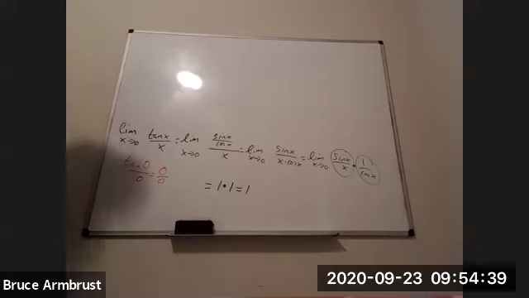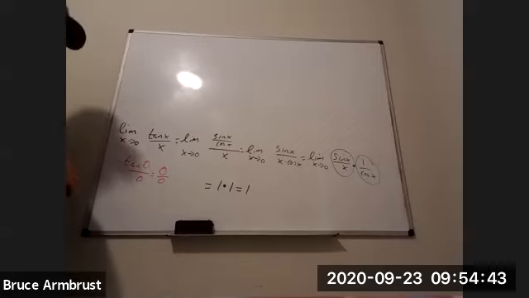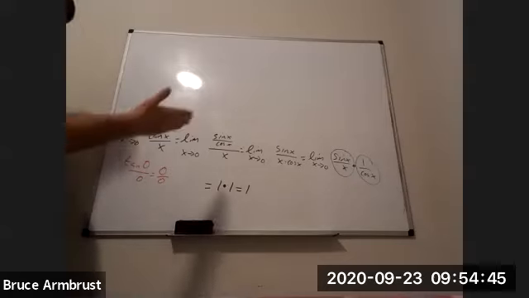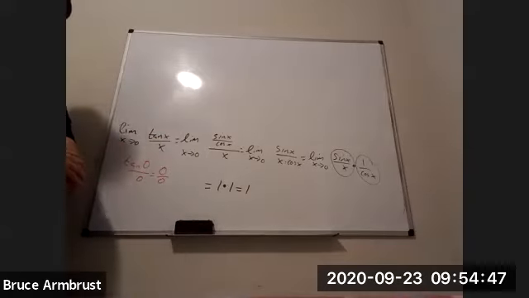For a lot of these, it's just a matter of getting yourself to a spot where you can just plug it in or getting to limits you already know. And so get ready for lots of algebra and trig to manipulate it so that we can actually evaluate the limits.